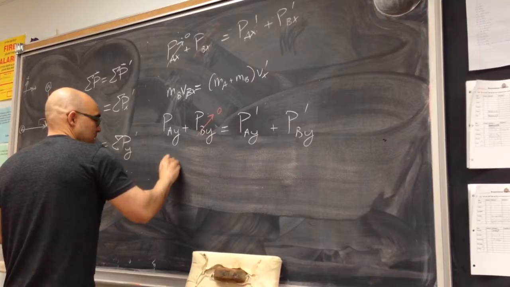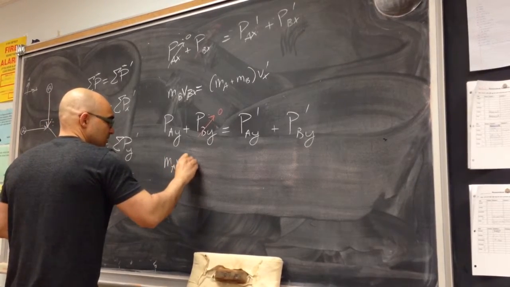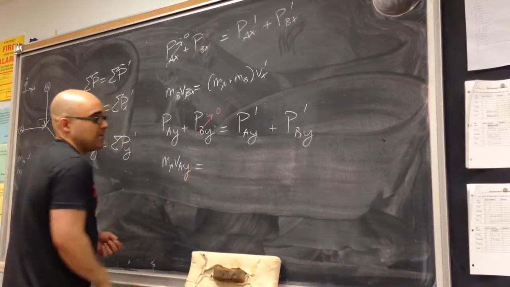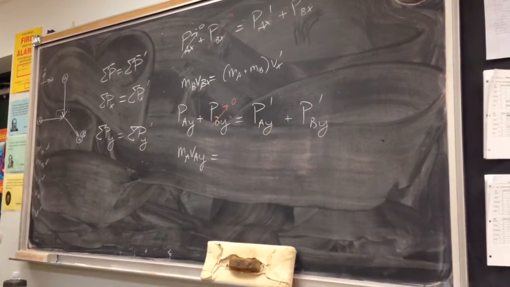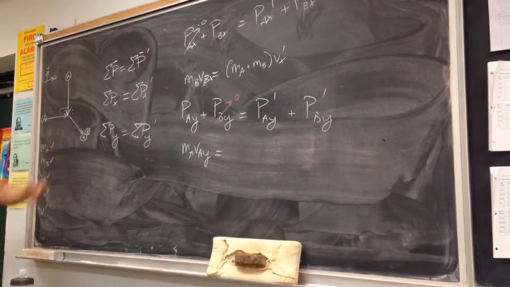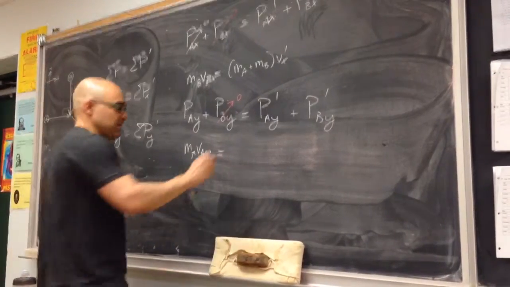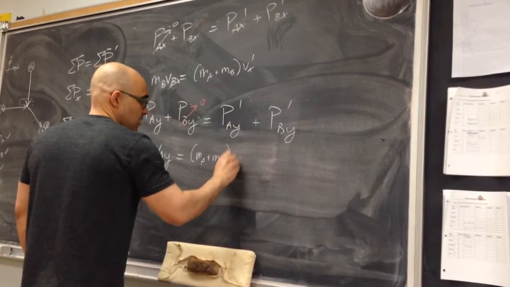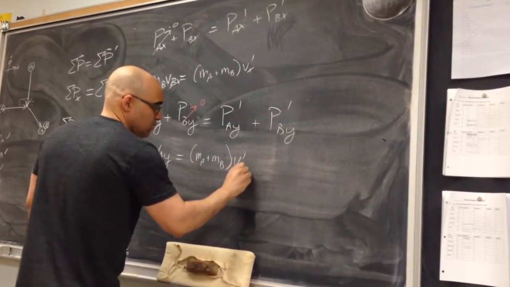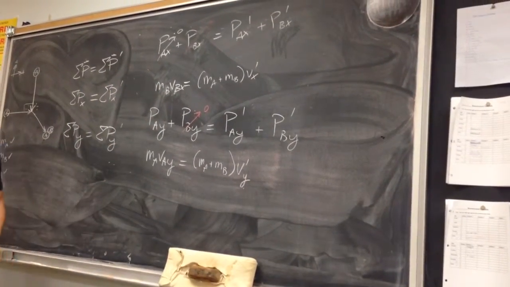So we've got mass of A, velocity of A in the y, and this is going to equal the y component of the momentum of this system after the 2 objects stick together. So MA plus MB times V prime y.